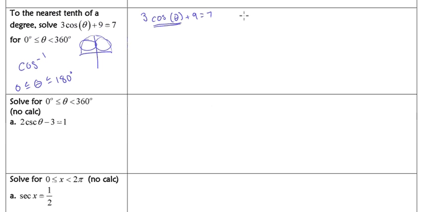So isolate the trig function first. Got to do that first. If this said, for example, 3x plus 9 equals 7, what would you do? Well, you would subtract 9 from both sides and then divide by 3. And that's exactly what we're going to do right now.